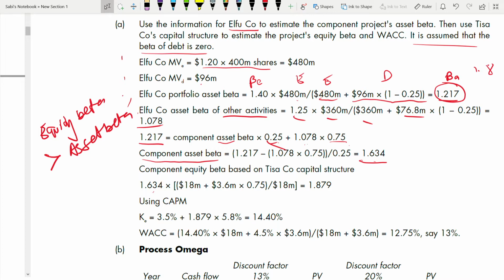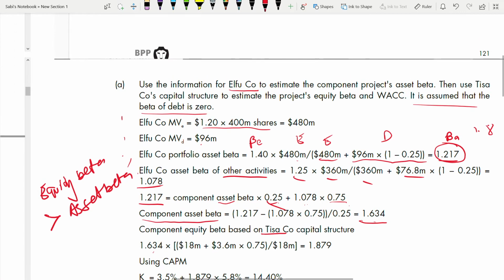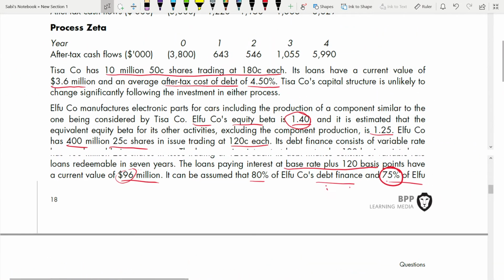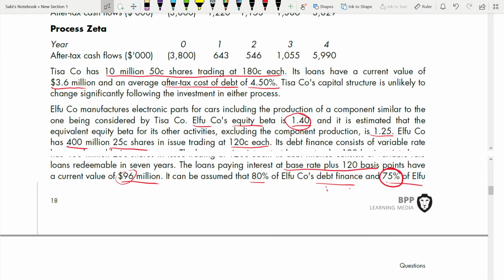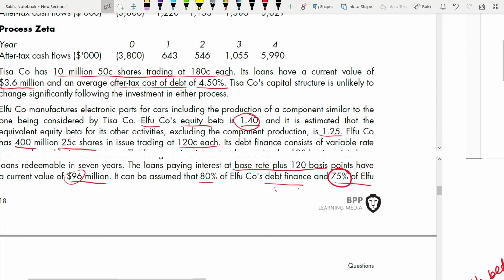This is Tisca company. Please go to Tisca company's equity. We have been given in the first line itself 10 million 50 cents shares trading at 1.80 each. That means 10 into 1.8, that is 18. 18 is the equity part, and debt is 3.6. Current value 3.6 million.